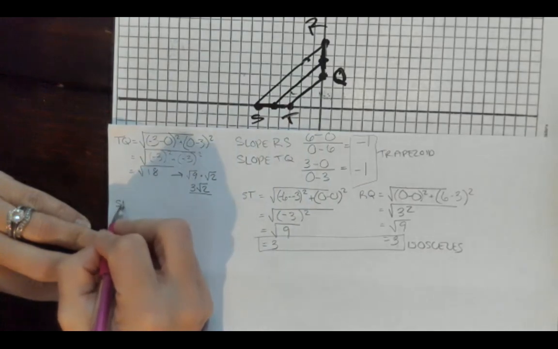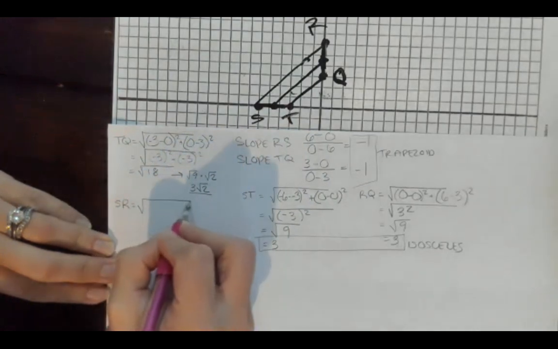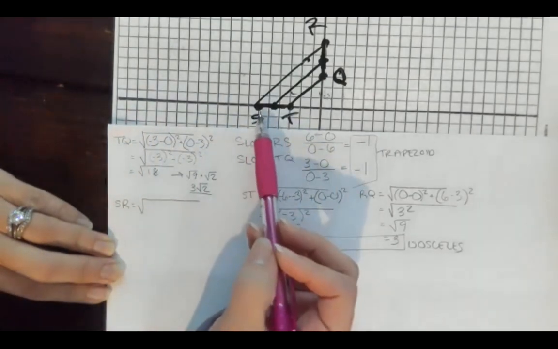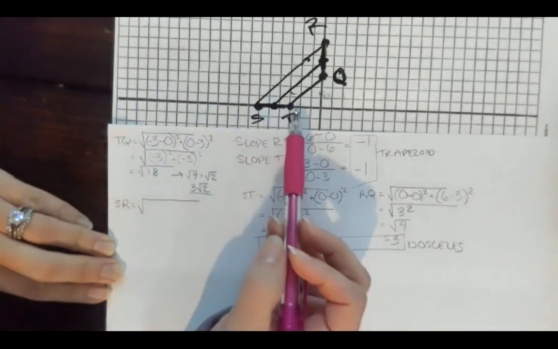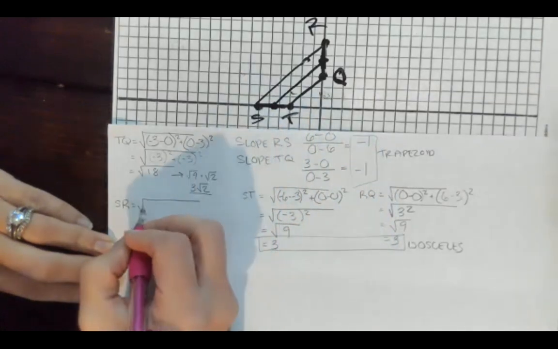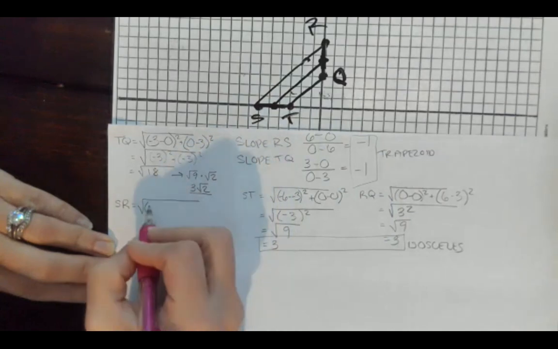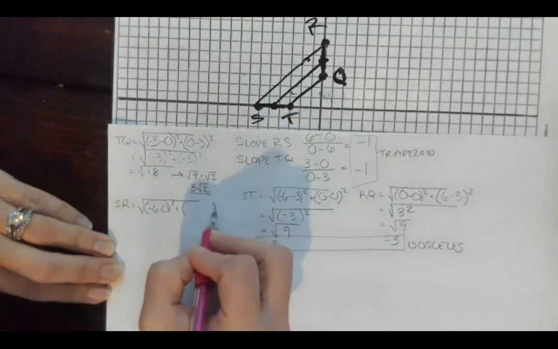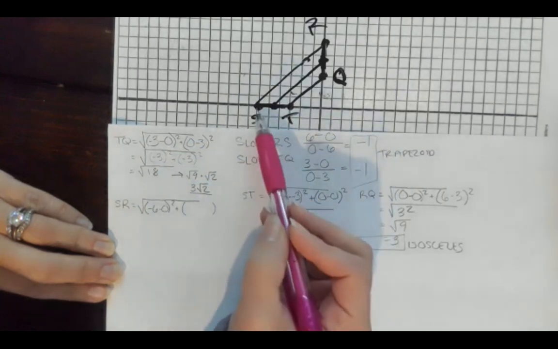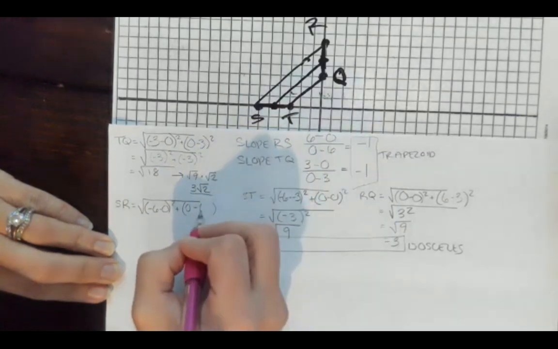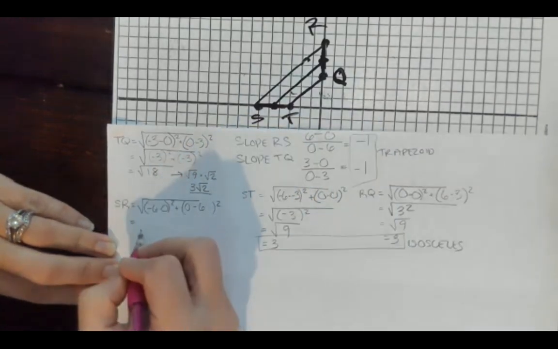This is SR. So x2 minus x1. Here we started with t, so let's go ahead and start with s here. So we have negative 6 minus 0 squared plus our y2 is 0 minus 6 squared.